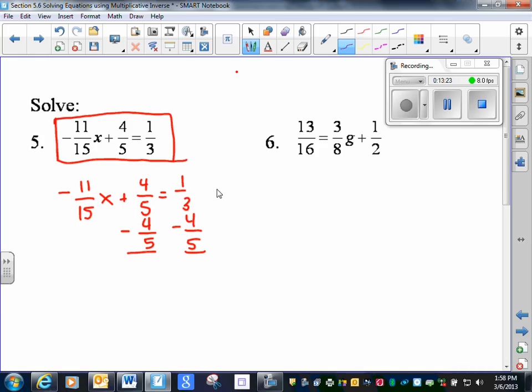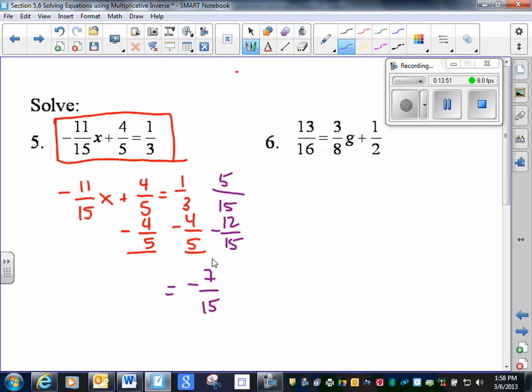I need a common denominator, which would be 15ths. So I can rewrite 1/3 as 5/15 minus 4, no, not 4, sorry, made a mistake. 5 goes into 15 3 times, 4 times 3 is 12. So 5/15 minus 12/15 is negative 7 over 15.